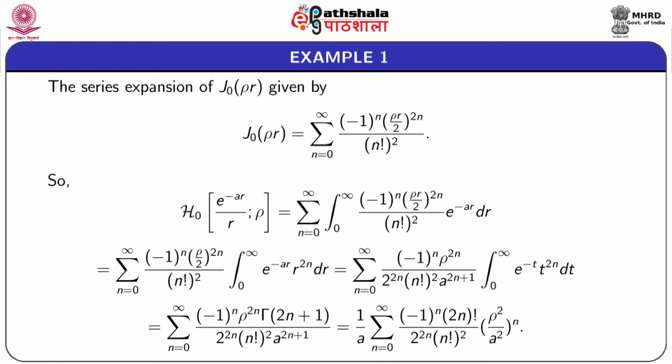Using the series expansion for J0(rho r), the Hankel transform of order 0 of e to the power minus ar by r is equal to summation n equal to 0 to infinity integral 0 to infinity (minus 1) to the power n (rho r by 2) to the power twice n divided by (n factorial) whole square e to the power minus ar dr.